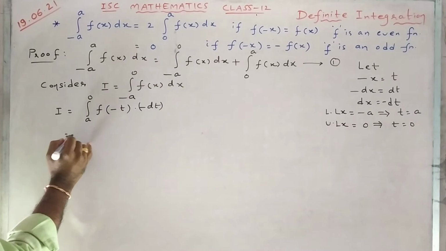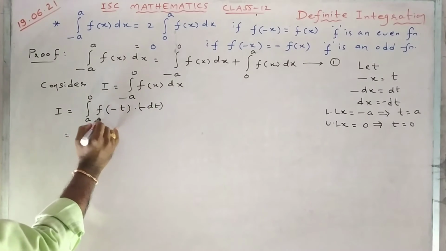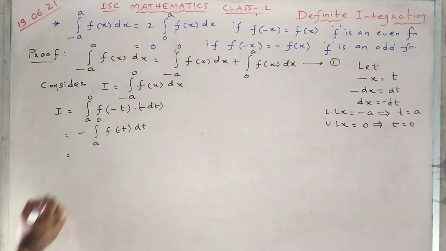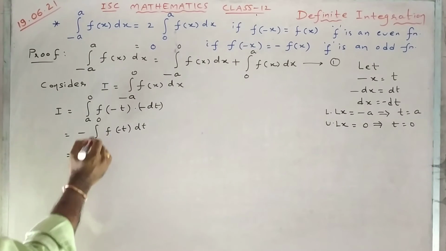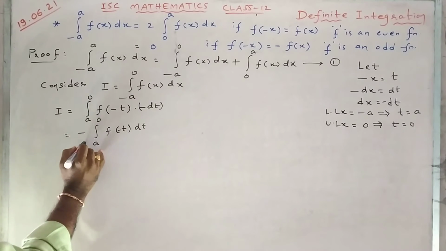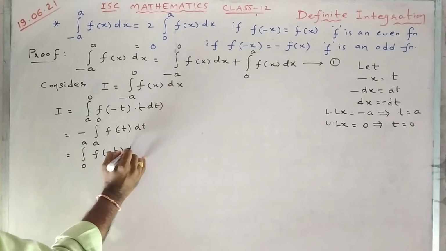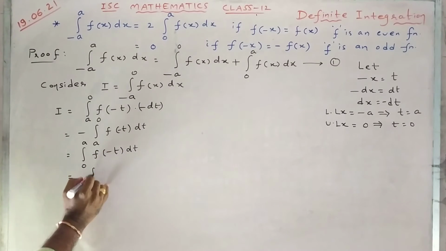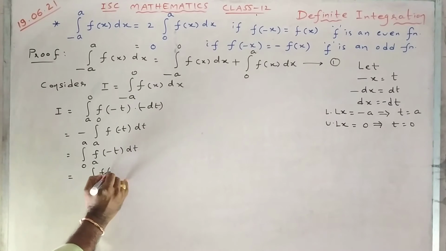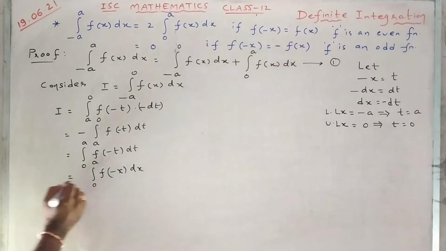Then this will be minus integral from a to 0 of f of minus t dt. As I told you, the second property says if you interchange the limits, the sign will be changed. So, this will be integral from 0 to a of f of minus t dt. As per the first property, definite integration is independent of variable, so in the place of t, I can write x. So, this is the value of I.